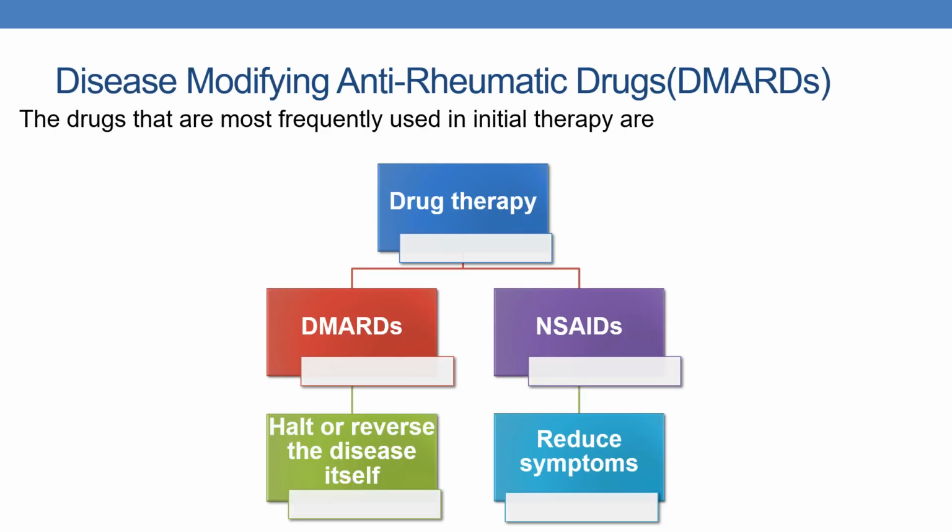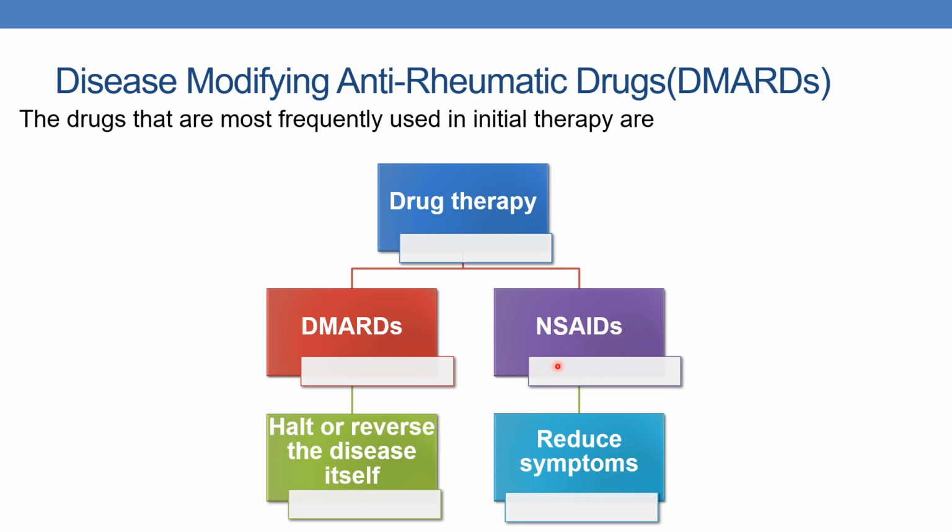Coming to disease-modifying anti-rheumatoid drugs. The drug therapy for rheumatoid arthritis is of two types, NSAIDs and DMARDs. DMARDs are nothing but disease-modifying anti-rheumatic drugs. NSAIDs only relieve the symptoms.